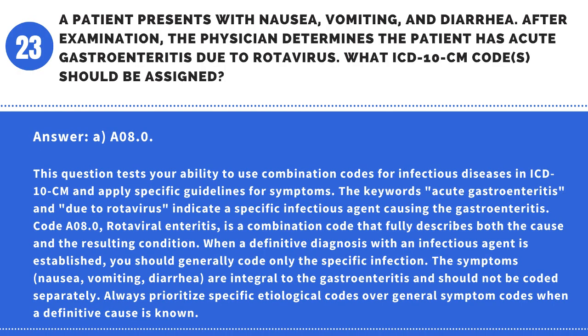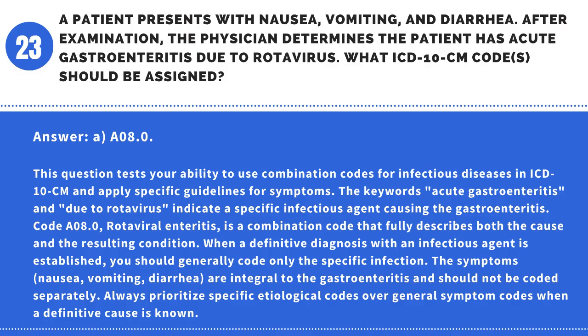Answer A. A08.0. This question tests your ability to use combination codes for infectious diseases in ICD-10-CM and apply specific guidelines for symptoms. The keywords acute gastroenteritis and due to rotavirus indicate a specific infectious agent causing the gastroenteritis. Code A08.0, rotaviral enteritis, is a combination code that fully describes both the cause and the resulting condition.